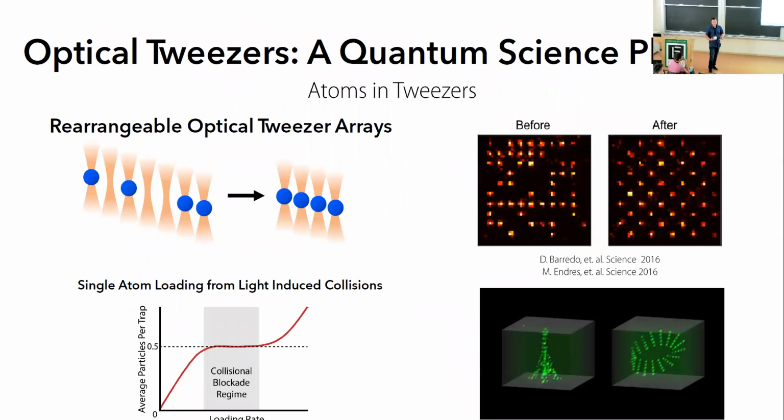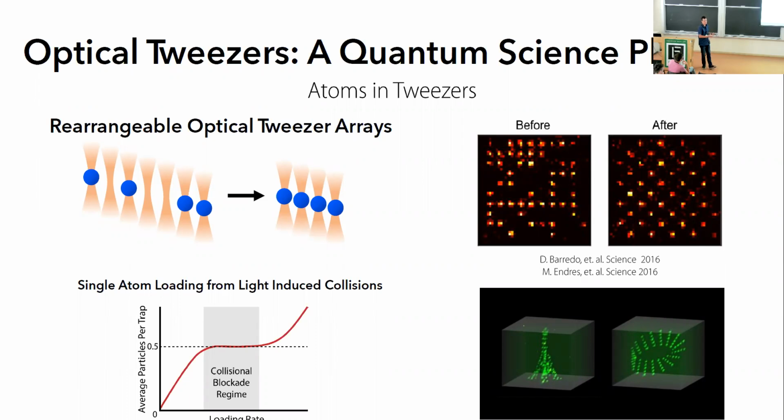And one of the most promising platforms that has really taken off over the past few years, in particular for using ultracold atoms for quantum information and quantum simulation, are these rearrangeable optical tweezer arrays, where one loads individual atoms into these tweezers, and then one can rearrange them into any arbitrary dimension, in 1D, 2D, or even 3D now.